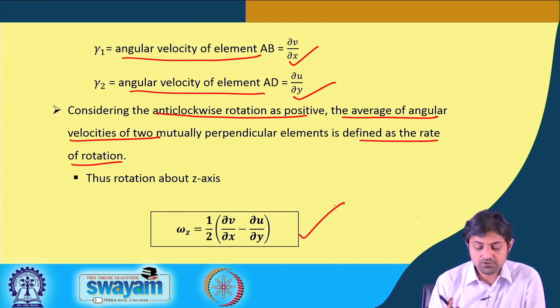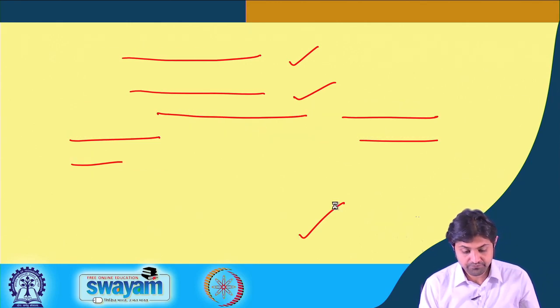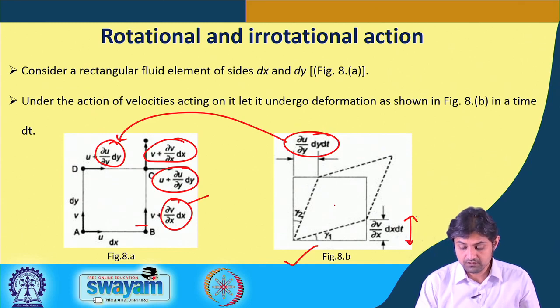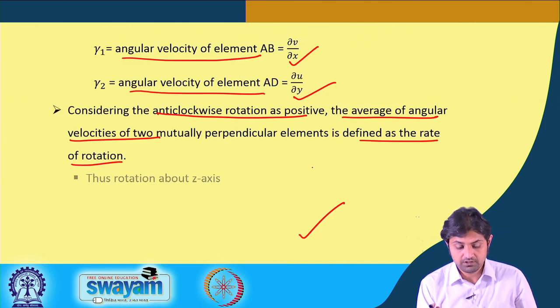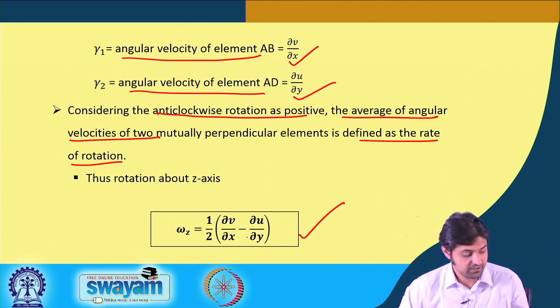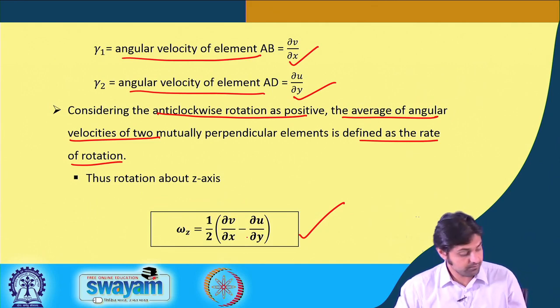Because they rotate in opposite directions to each other, that is why there is this negative sign. So, it is rotation about the z axis, half of del v by del x minus del u by del y.